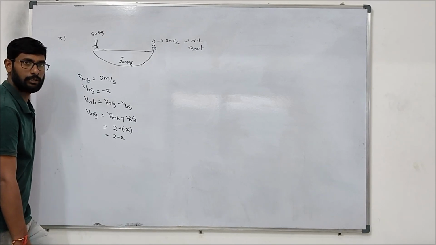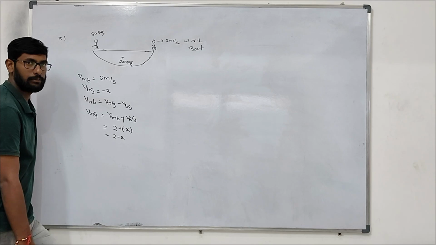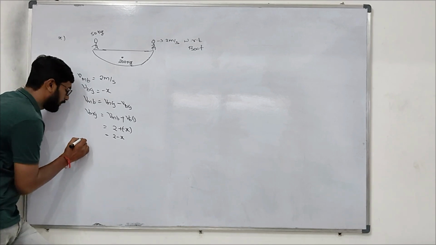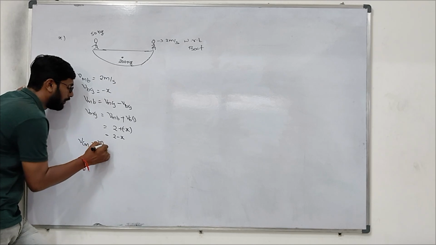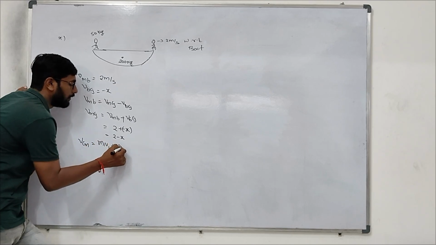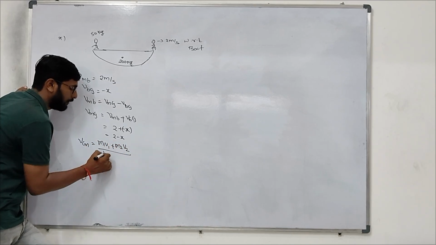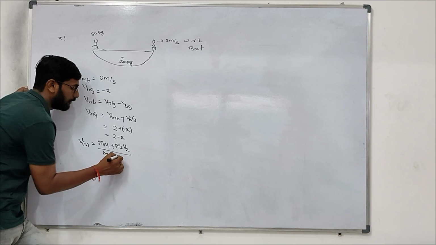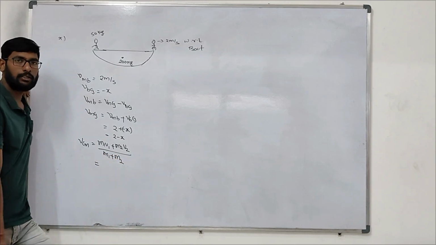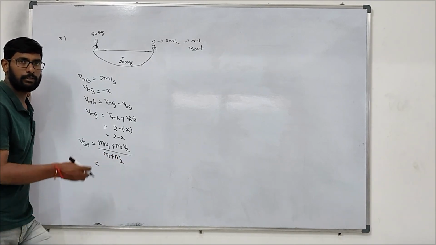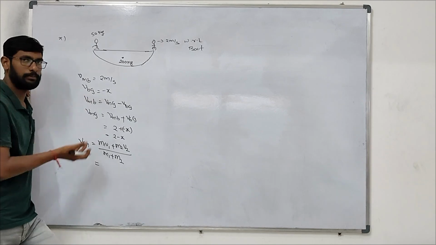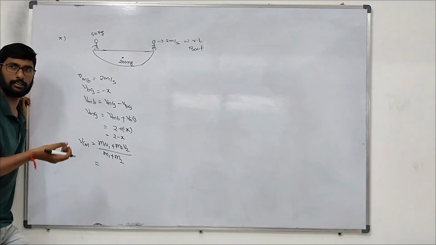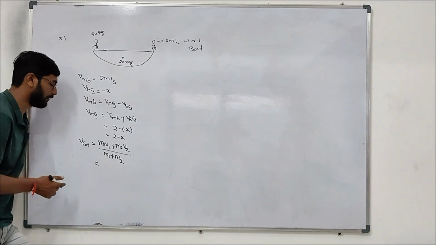VCM equals m1 v1 plus m2 v2 by m1 plus m2. So the velocity of center of mass, we know, is m1 v1 plus m2 v2 by m1 plus m2. The velocity of center of mass will be 0 because there is no external force. Initially it is 0, so the velocity of center of mass also will be 0.